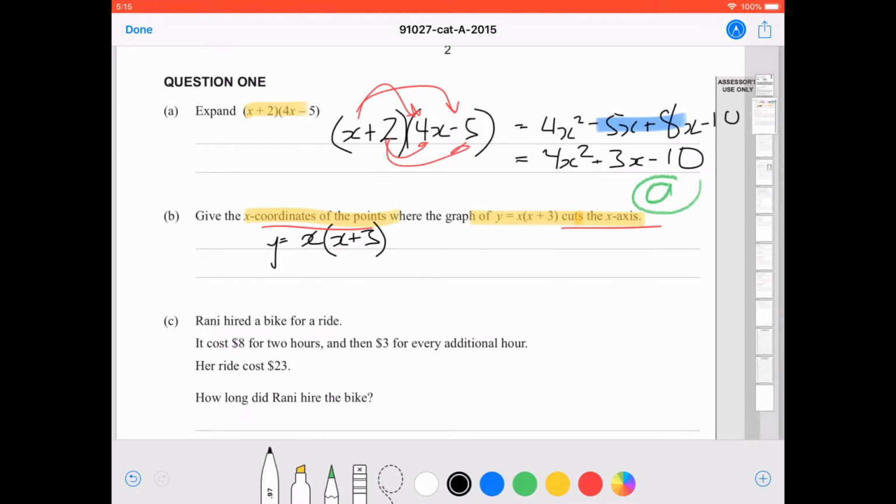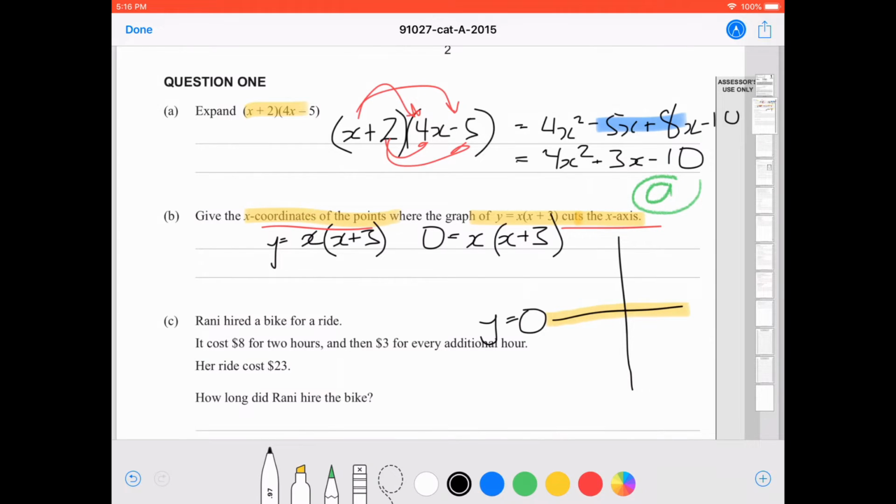So let's just illustrate this first of all. We can draw a Cartesian graph, and cutting the x-axis, well, this is our x-axis here. At that point, y equals 0. So we can actually substitute y equals 0 into our equation. We can say 0 equals x times x plus 3.